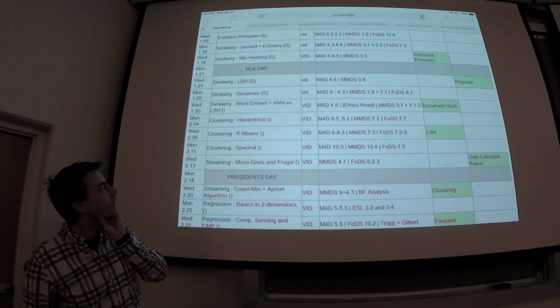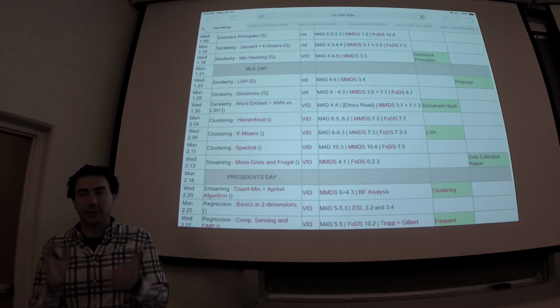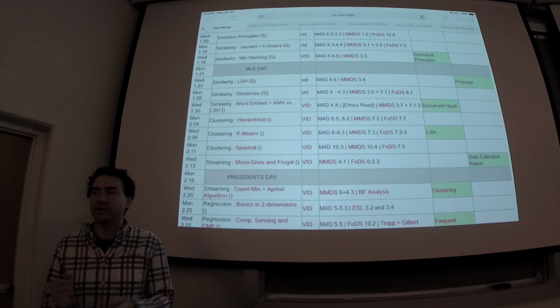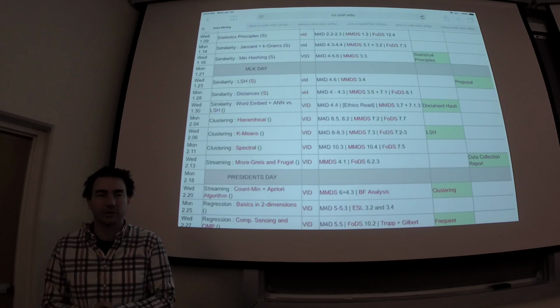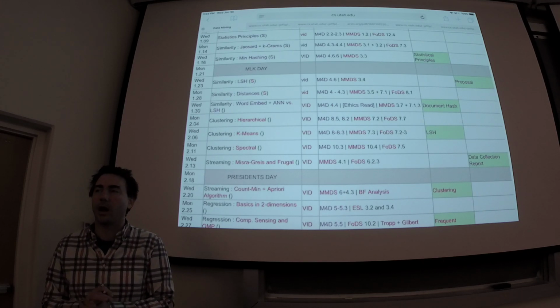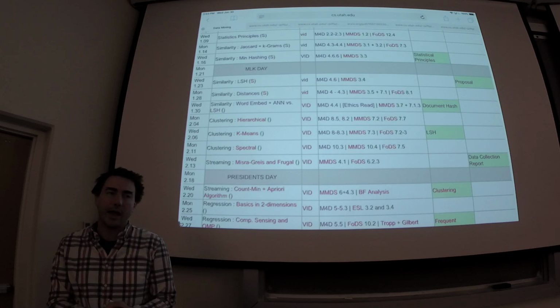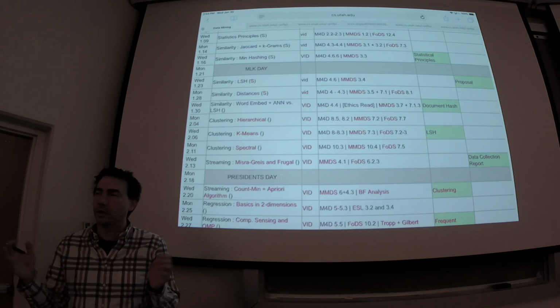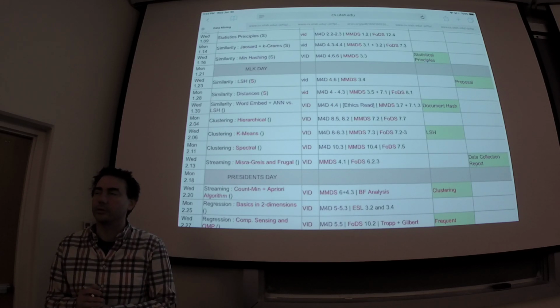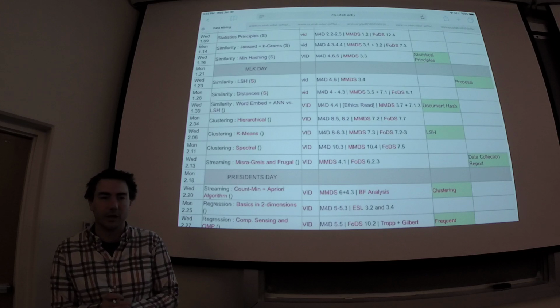Today we're finishing up this section on distances and similarities. There are a couple things I didn't quite finish last lecture, so I'll start with that, and then we'll see some alternatives to locality-sensitive hashing.